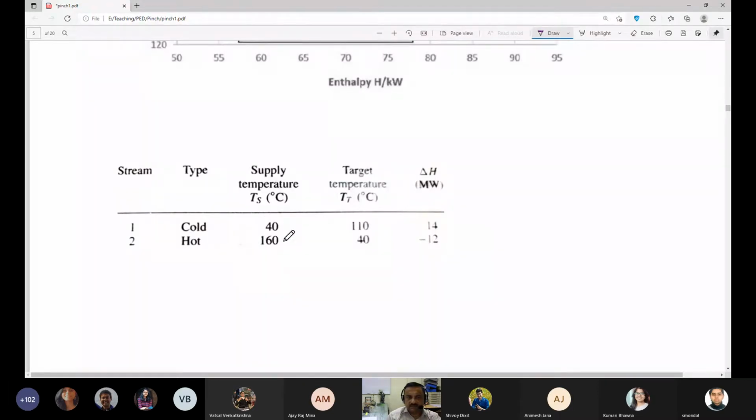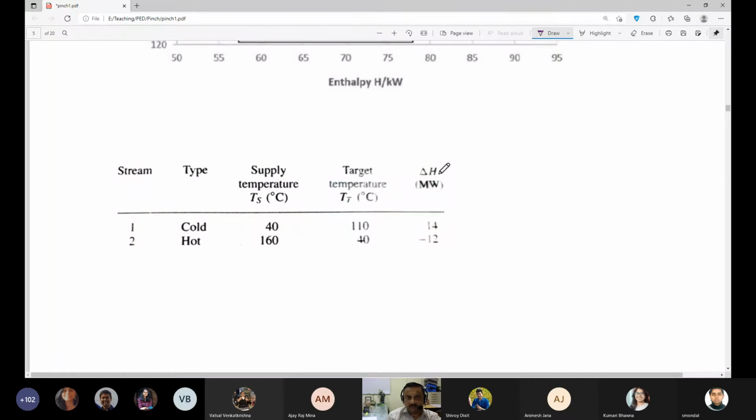The cold stream supply temperature is 40 degrees centigrade, which is to be increased to 110, and the hot stream is available at 160, which has to be reduced to 40. The delta H involved in megawatt is minus 12 for the hot stream and 14 for the cold stream. It is minus 12 because the temperature is decreasing from 160 to 40.